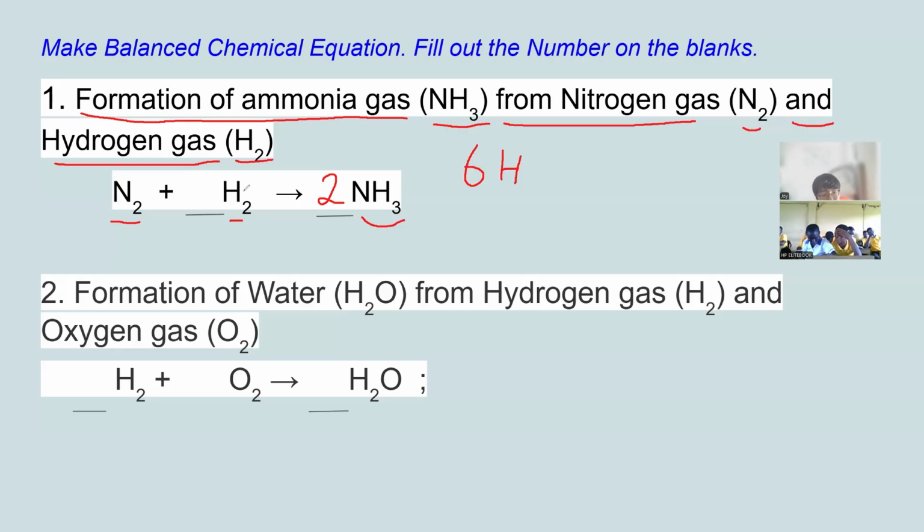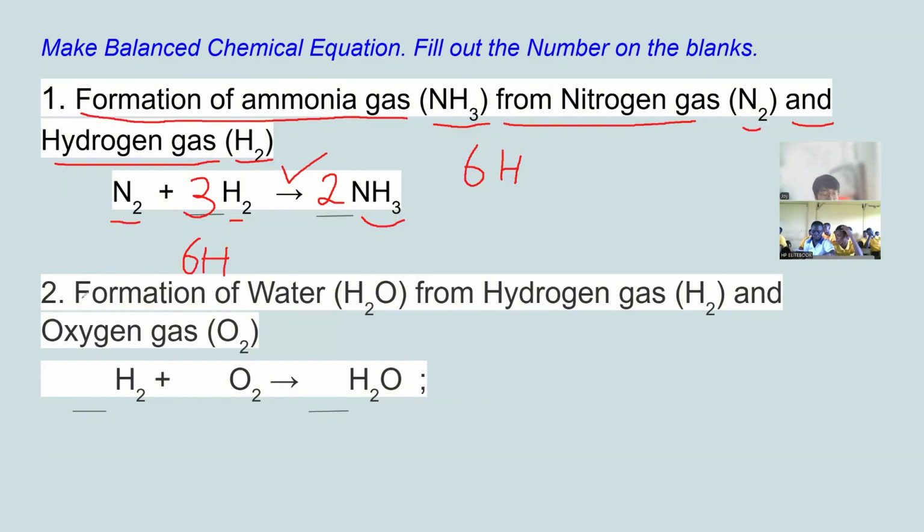So we have 6H on the right, but we have 2H on the left, so we need to multiply this by 3. This makes 6H on the left as well. And we have completely balanced this chemical equation. So that's good.